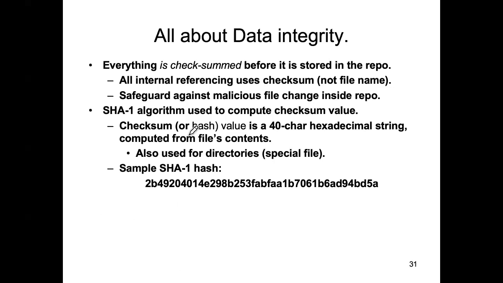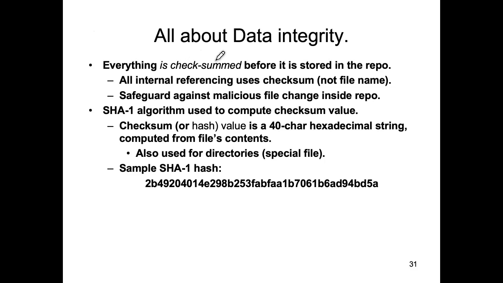And it's all about checksums or hashes. It computes hash values for each file, and it uses that hash value to essentially label the file within the repository. So everything I'm saying here is checksummed, which means it computes a checksum or a hash value before it actually stores an updated file or a new file in the repository.